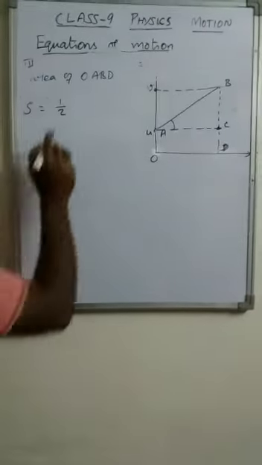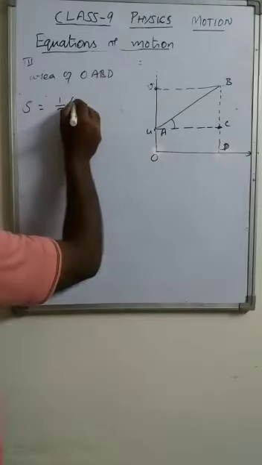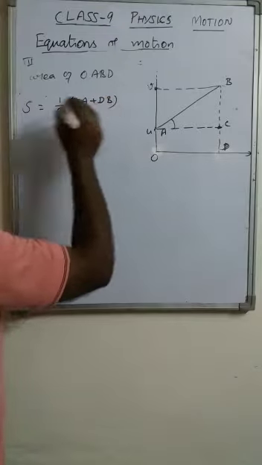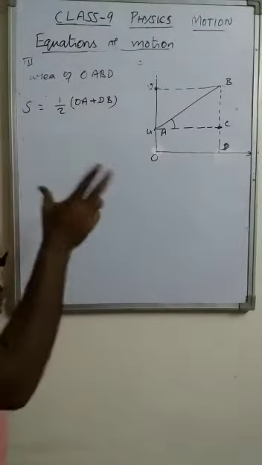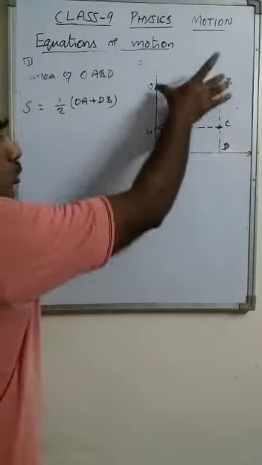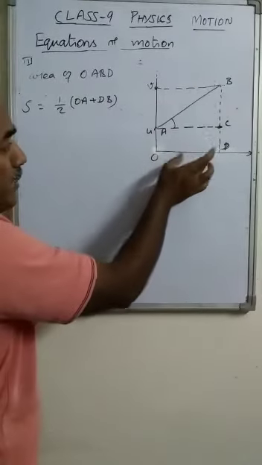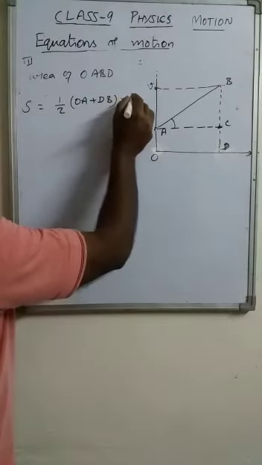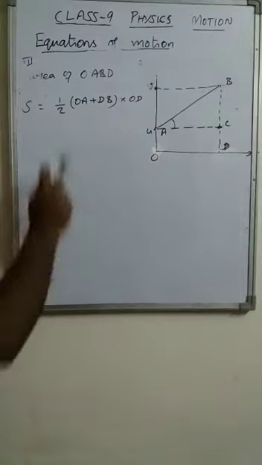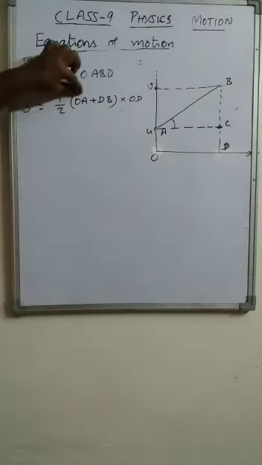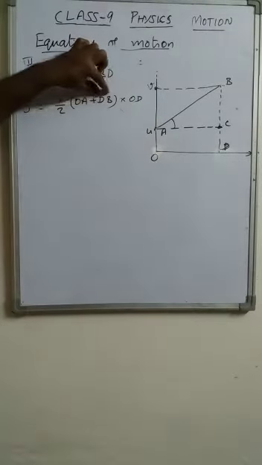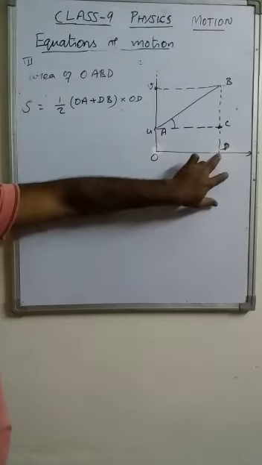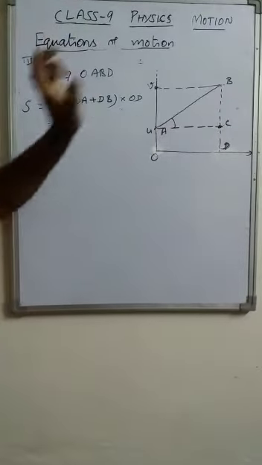So it is half into OA plus DB into the distance between the two parallel sides. The distance between them is this one, that is OD. Now if you put the value, OA is equal to u, DB is equal to v, from 0 to v, that is v.